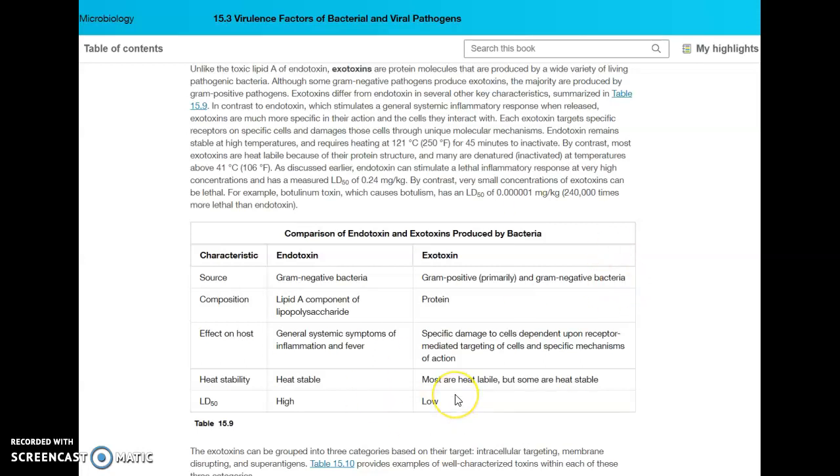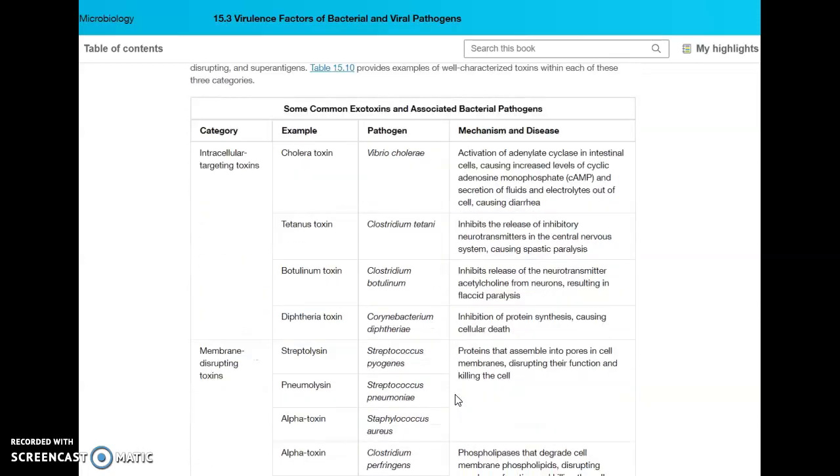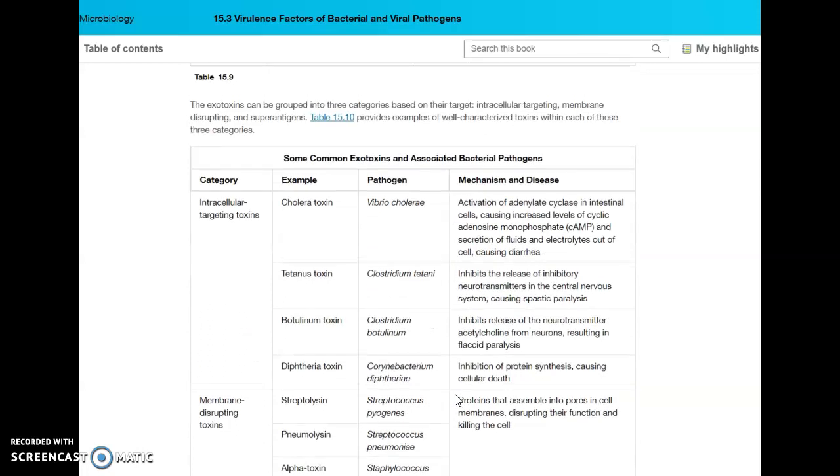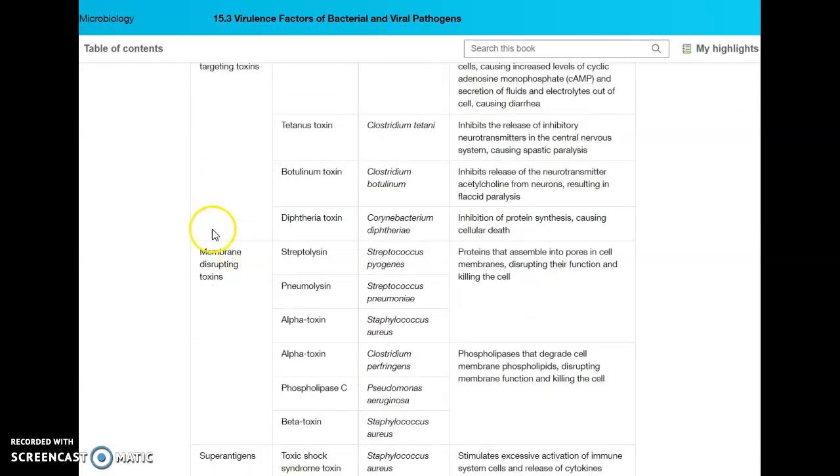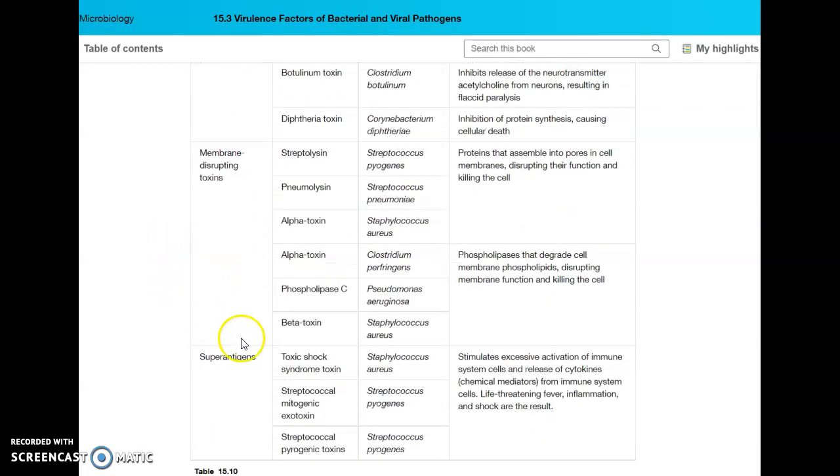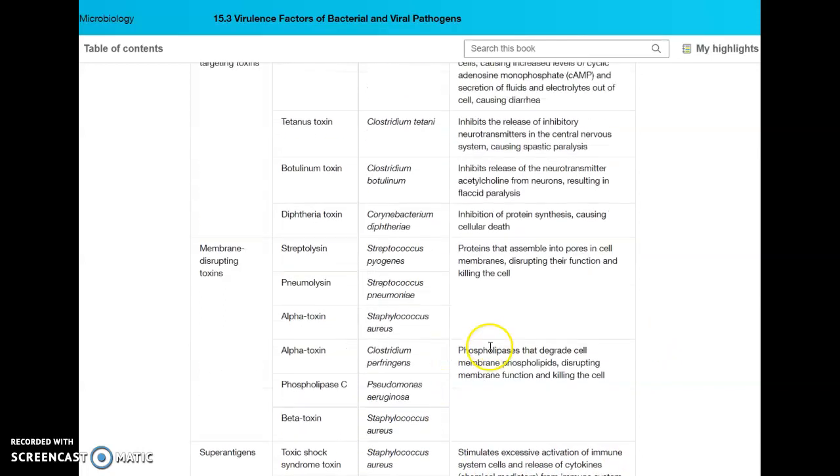So exotoxins are grouped into categories depending on their target. So we can have intracellular targeting toxins, those that disrupt membranes, or those that we refer to as superantigens. These superantigens are the ones that are more similar to the endotoxins in that they stimulate the immune system and launch this massive inflammatory response.